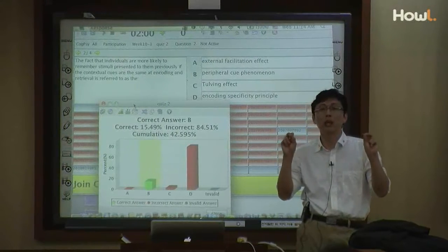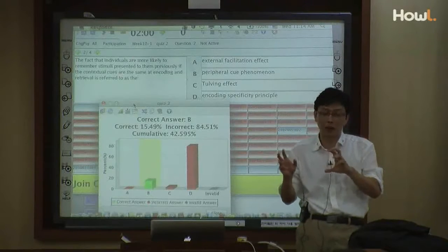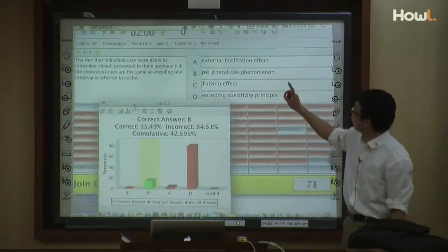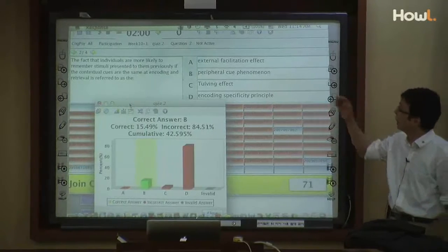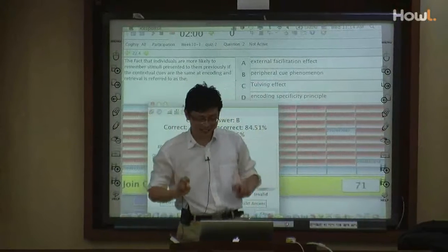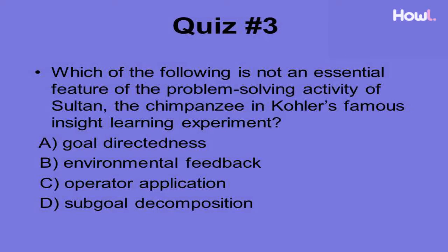That's why context-based learning is more beneficial than non-context learning. That's why the cue is important. That is called peripheral cue phenomena. The answer is B. Right.